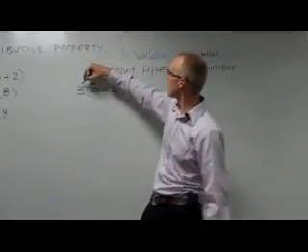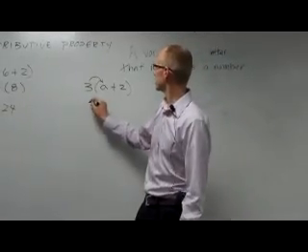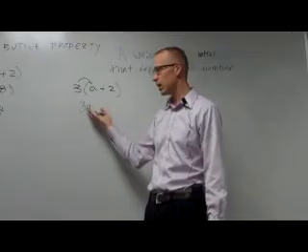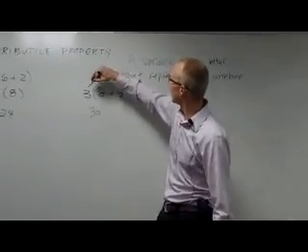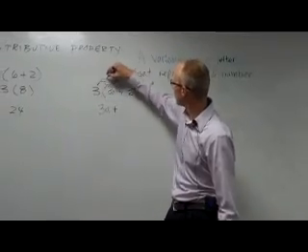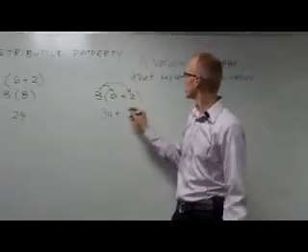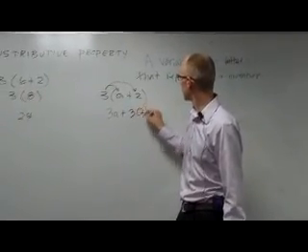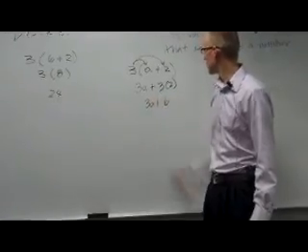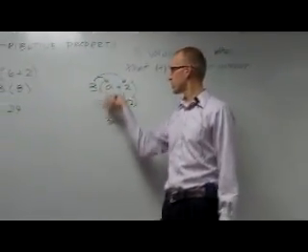So 3 times a is 3a, so it means I have 3 a's, plus, because we have a plus sign right there, 3 times 2, which is 6. So now I have 3a plus 6 as my simplified form of this.